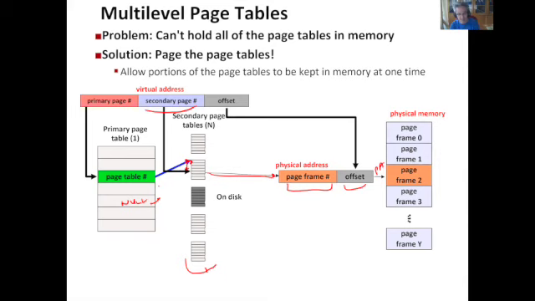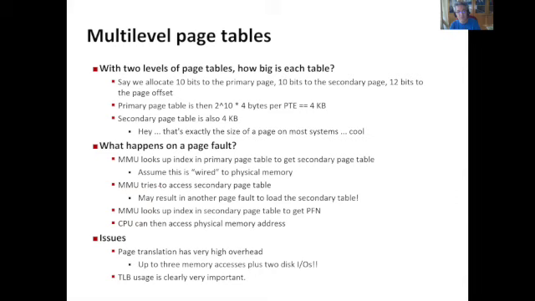Okay. So let's move on. Here's, for example, a simple case. If I have the 32 bits case here, then I will have 12 bits for the page offset.